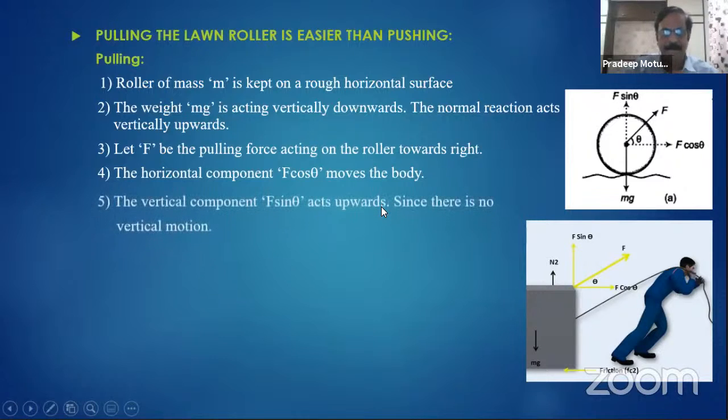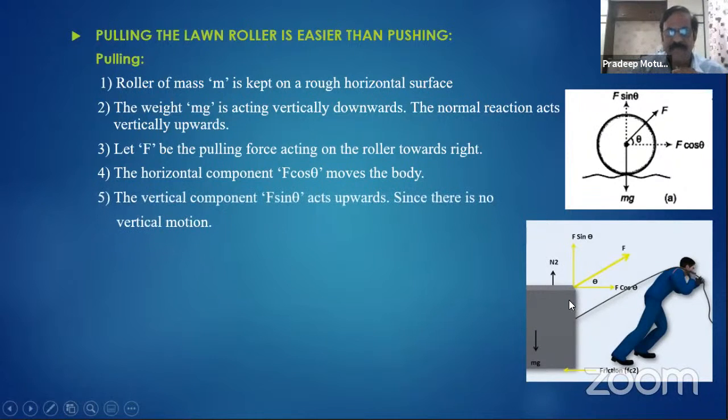The vertical component F sin theta acts upwards, but there is no motion in this direction. There is motion in the horizontal direction, due to the horizontal component F cos theta. Hope you understand this one.